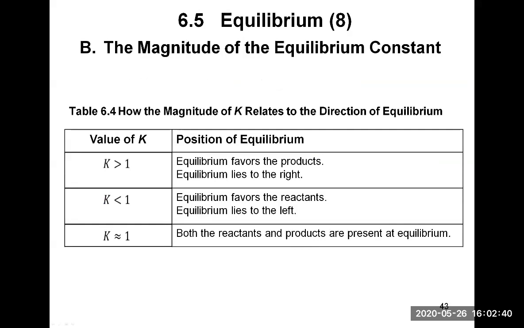If we have a small value of K, less than 1, then we have more reactant and the equilibrium lies to the left. And when it's close to 1, and again, close to 1 here is between 0.01 and 100, then you have both reactant and product present at equilibrium in values that cannot be neglected in reference to the other.